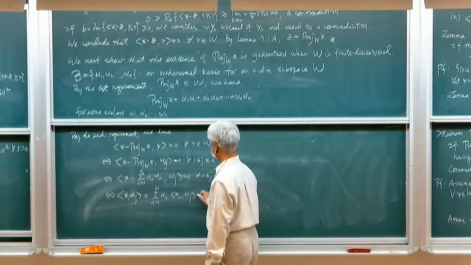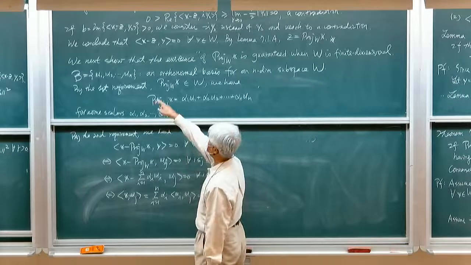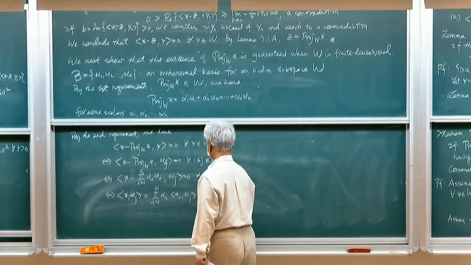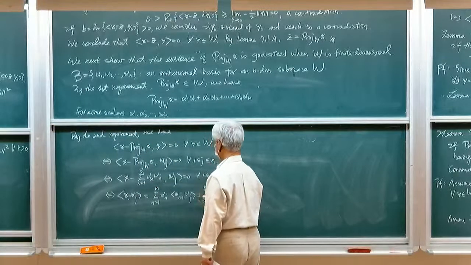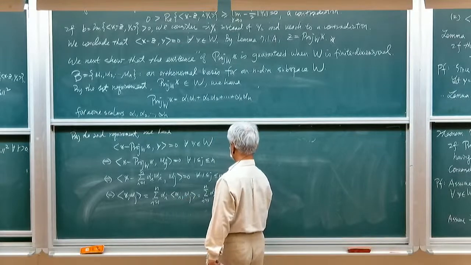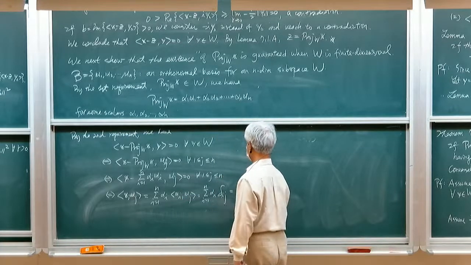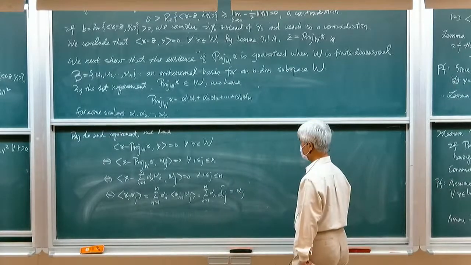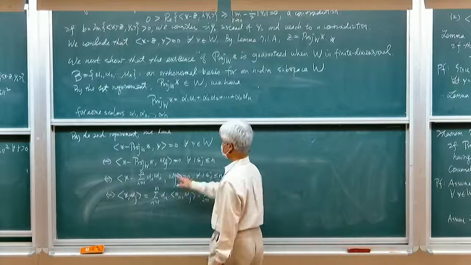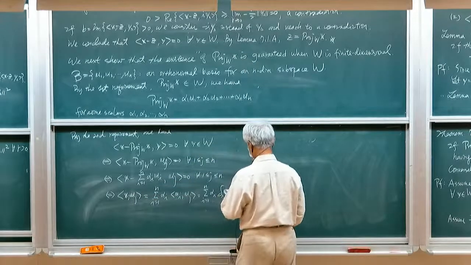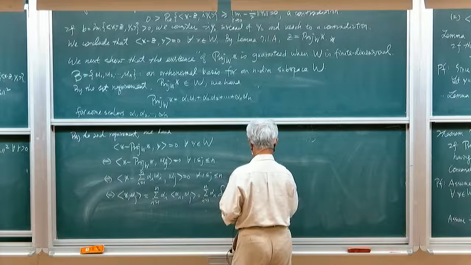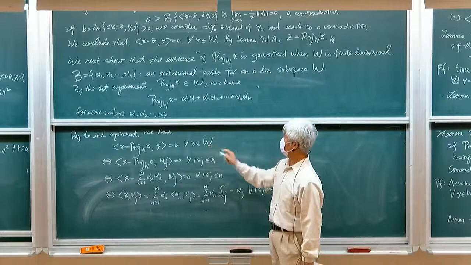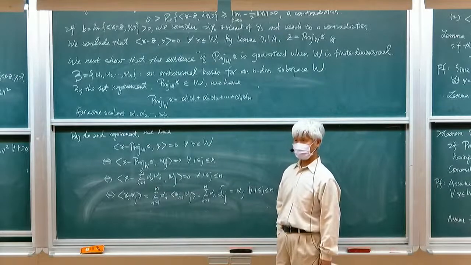Because B is an orthonormal basis, we know that this inner product is delta ij. And so we have alpha j here. So alpha j, the coefficient we find, is just equal to the inner product of X and Uj. So we find the alpha j from the second requirement.